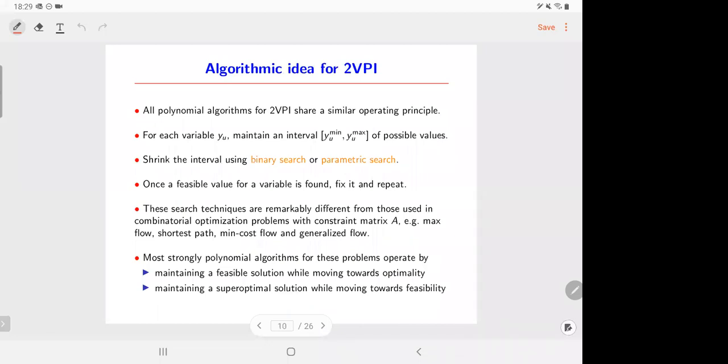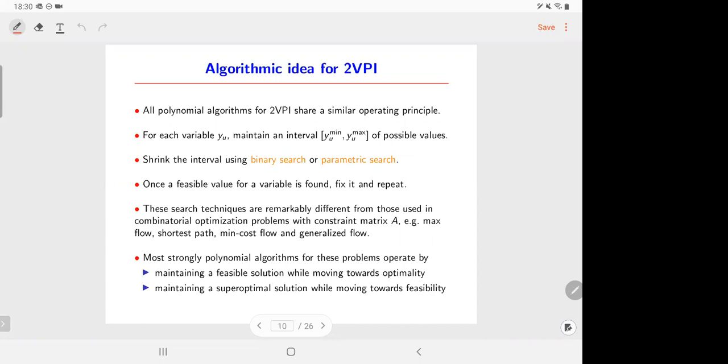So all the algorithms that I've just mentioned, other than the non-polynomial ones, operate on a similar principle. For each variable, they maintain an interval of possible values that the variable can have, and then they progressively shrink the interval either using binary search or parametric search.